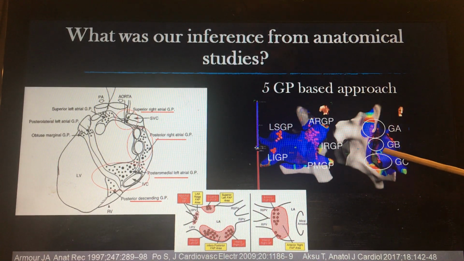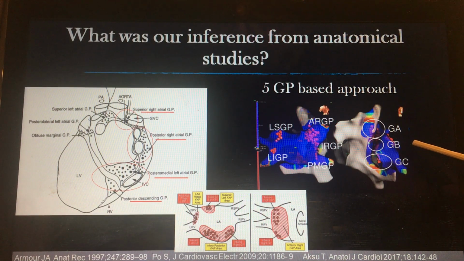The second one is ganglion B, located between the right atrium and right pulmonary vein, and it provides vagal innervation of the sinus node. The other one is ganglion C, mainly located around the coronary sinus, but some of the neurons of this ganglion are also seen in the lower part of the interatrial septum, and it provides mainly vagal innervation of the atrioventricular node.